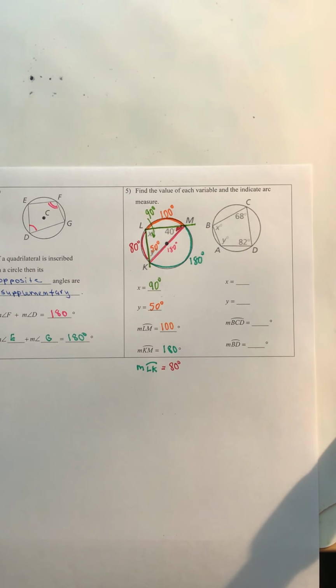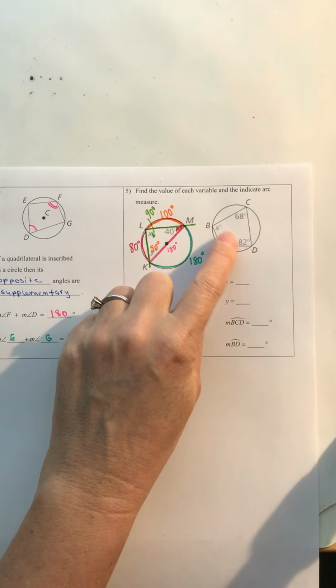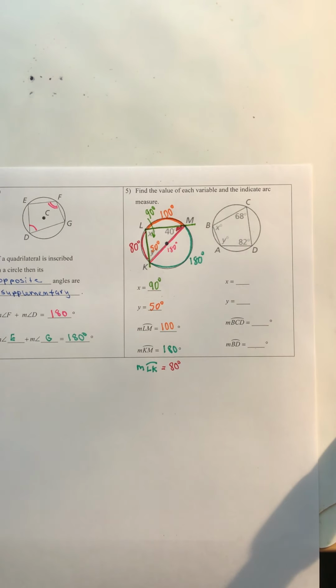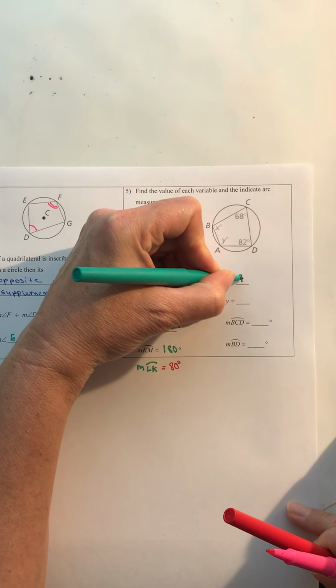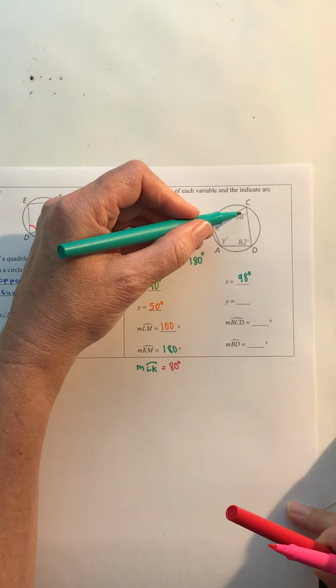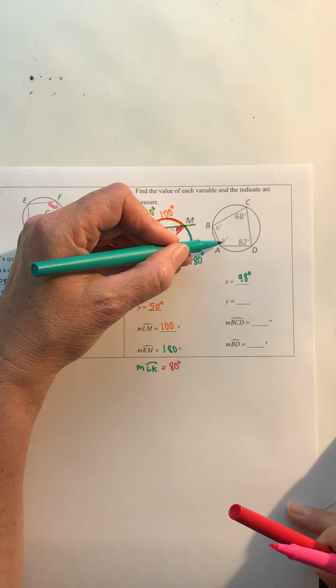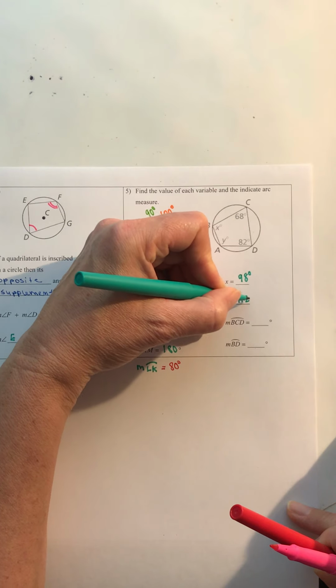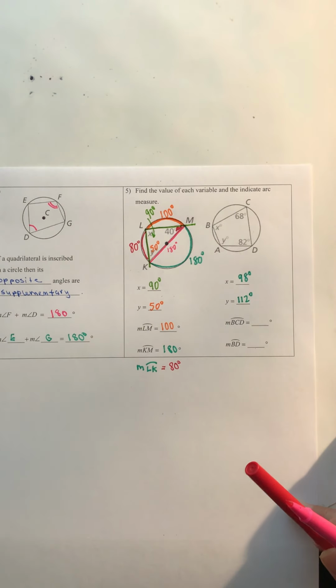All right, so in finding this one, angle X and D have to add up to 180 degrees. So angle X must be 98 degrees. And 68 and Y have to add up to 180 degrees, so this one must be 112 degrees.